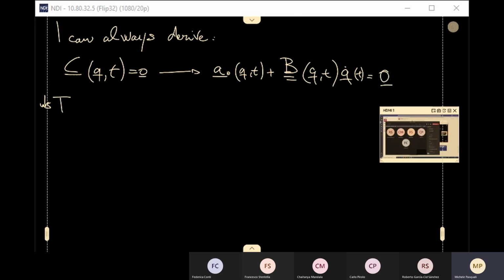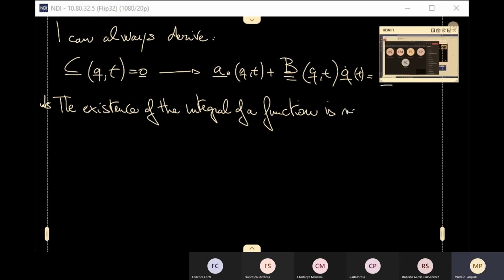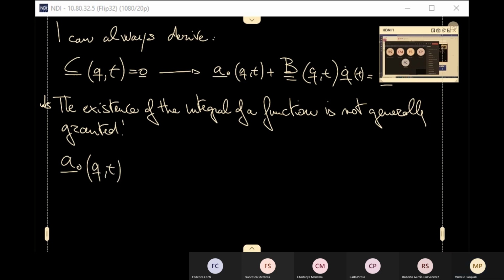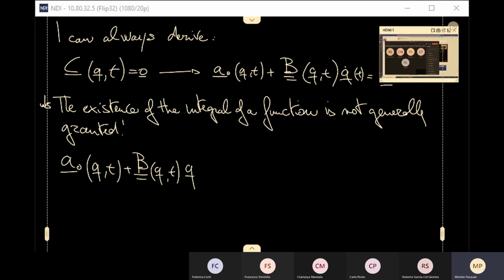But the existence of the integral of a function is not generally granted, okay, assured, meaning that from here, well, it's not granted, typically, that I can come back here.